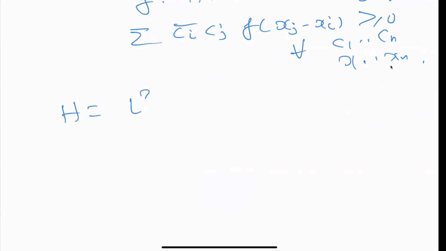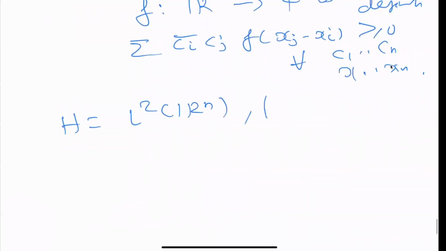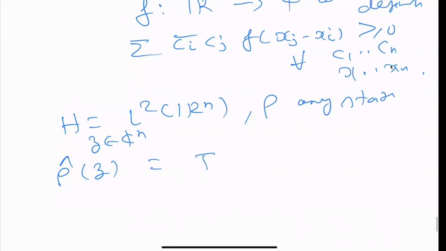So H is equal to L2 of Rn, and rho is any state on that, okay? Then rho hat of any Z, where Z is in Cn, is equal to nothing but trace of rho W of Z. That's all. Okay, this is for all Z in Cn.